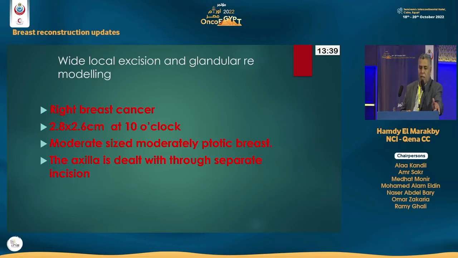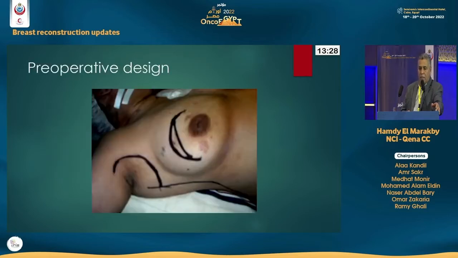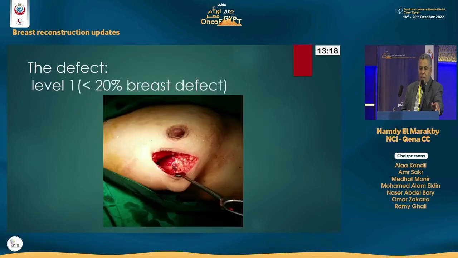Step forward with larger size defects, we can do what we call breast remodeling or glandular flaps reconstruction, such as this patient who had a lesion in the upper outer quadrant, 2.5 by 2.5 centimeters. She was 35 years old, and we do an excision.